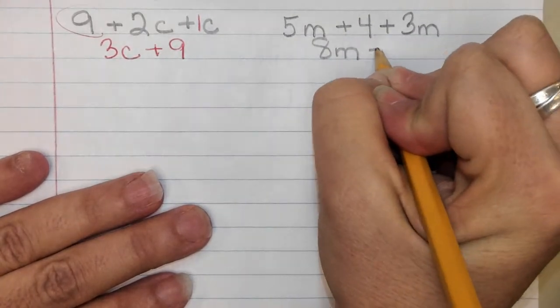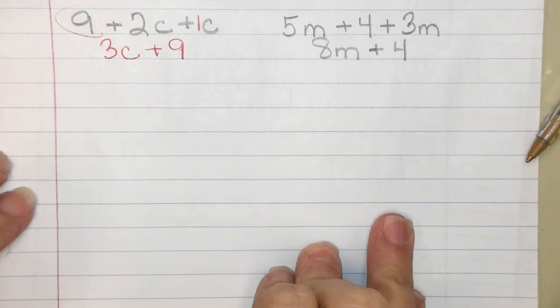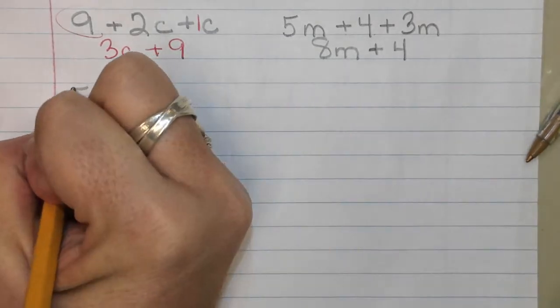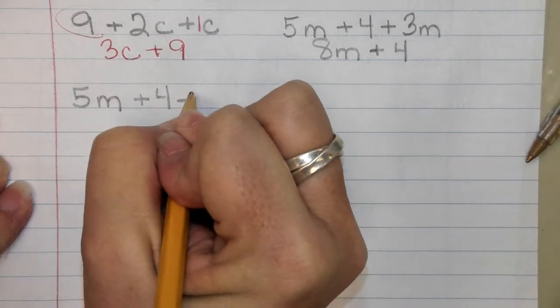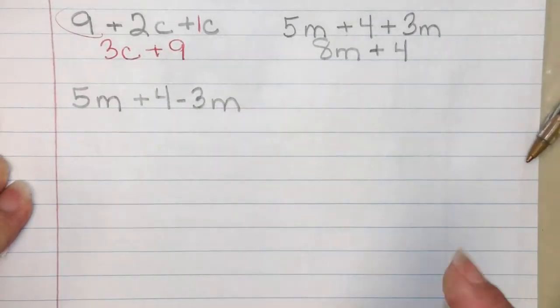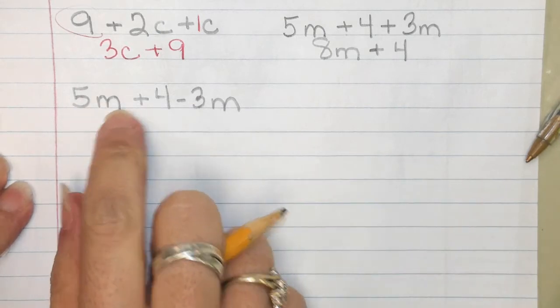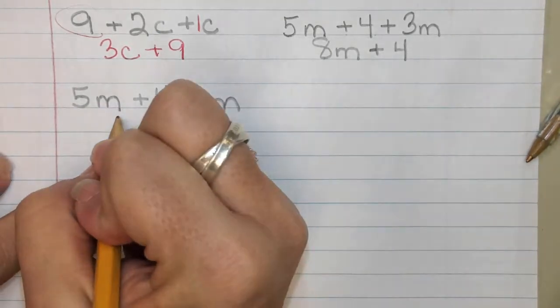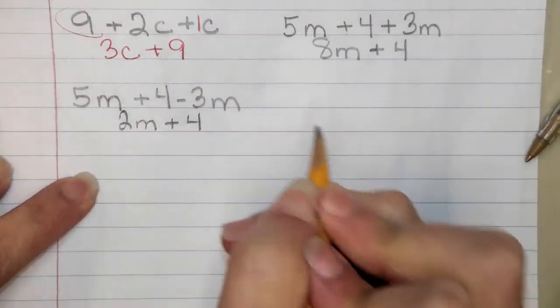Bring down the plus 4. What if you had this one? 5m minus 3m is 2m. You got it. Plus 4.